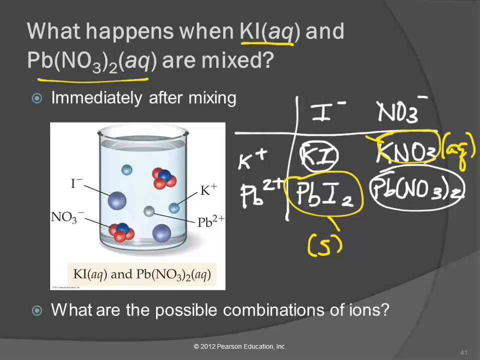Is that saying if they were to come back out of solution, they'd come back out as the same ionic compound? So if we took this mixed up solution and evaporated the water, would we end up with our original compounds back? No, not necessarily. You could end up with any of the four. So would it be a chemical reaction after you took out the water? That's a real good question.